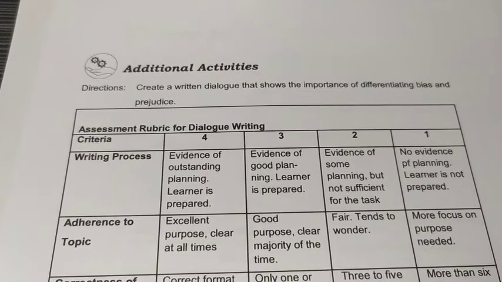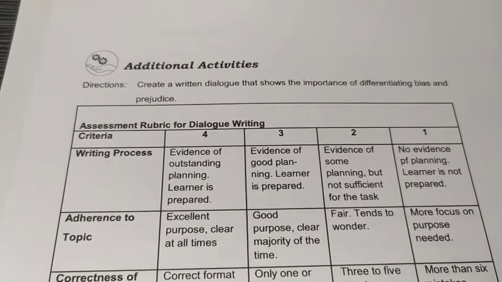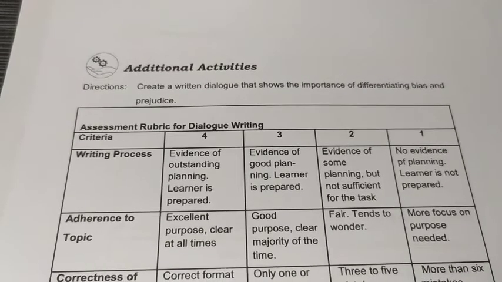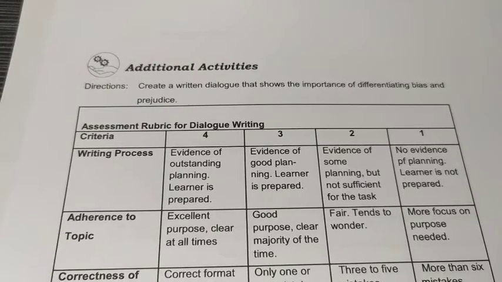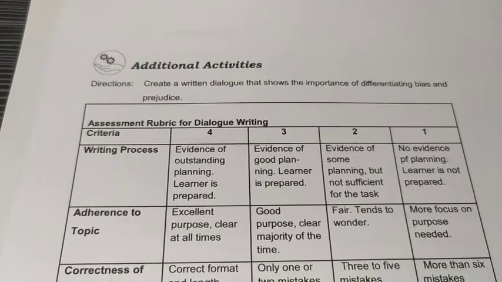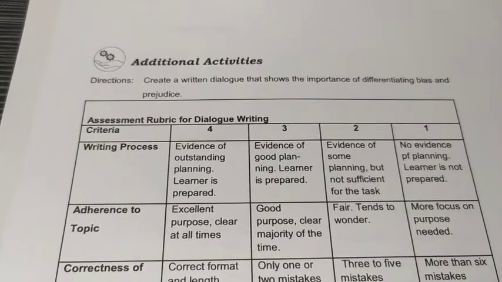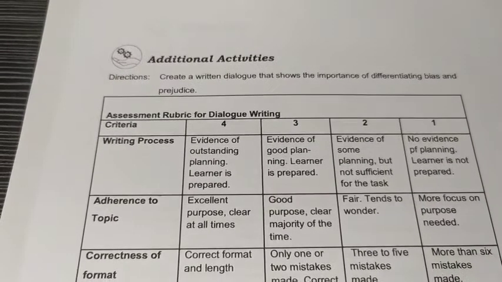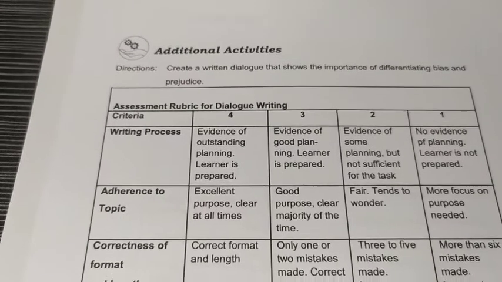Then you will have a conversation about the importance of knowing or identifying bias and prejudice in a text, for us to avoid fake news, for us not to judge, and not to hurt other people.